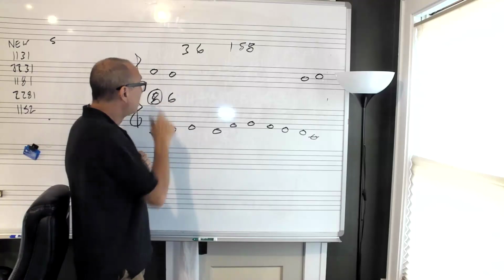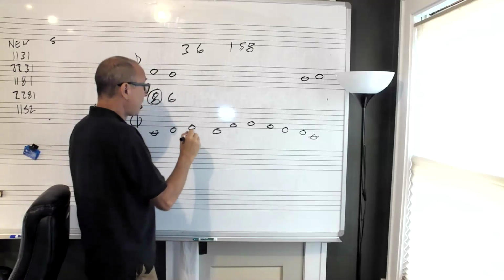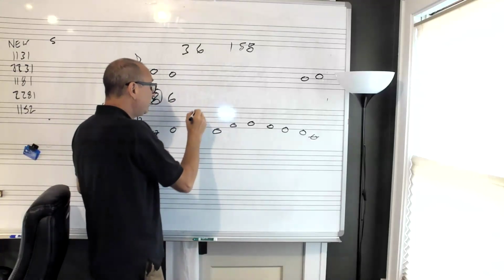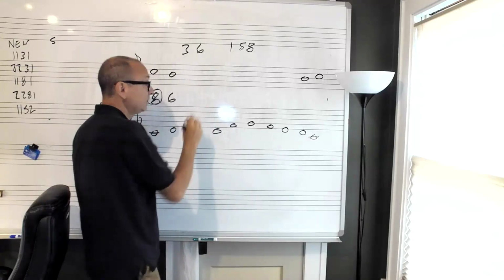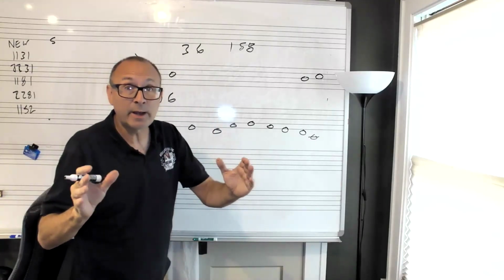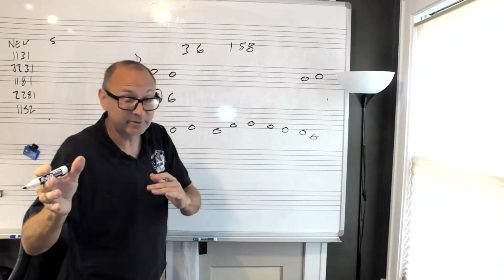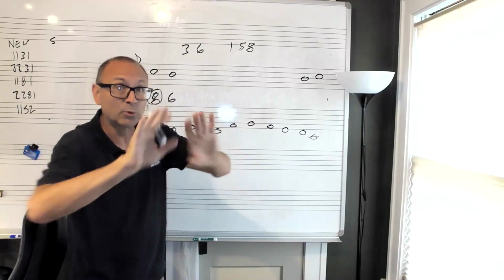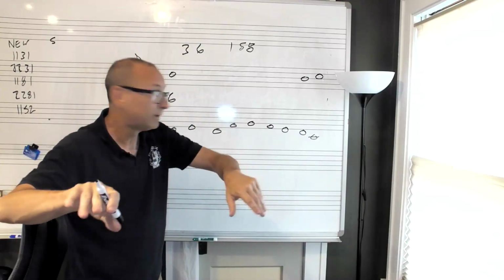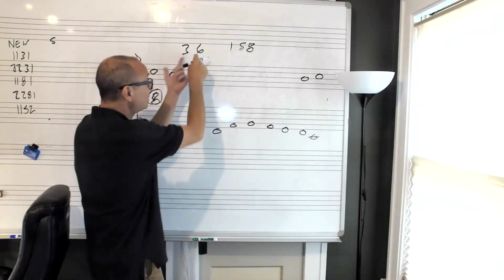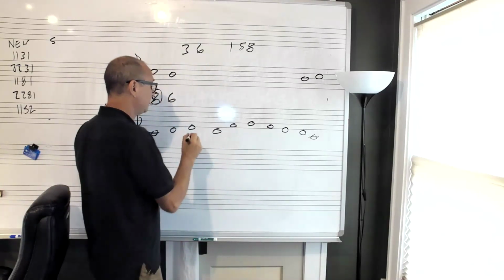All right, now we're on a sixth. As we proceed, we have to think about what's possible. Now, you can't write fourths because they're dissonant. You can't write sevenths. You can't write seconds. So rule out the dissonances and try to stick to as many thirds and sixths as possible.